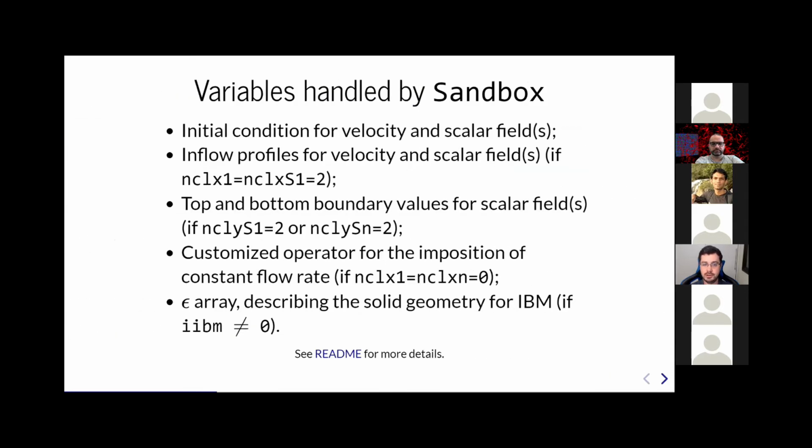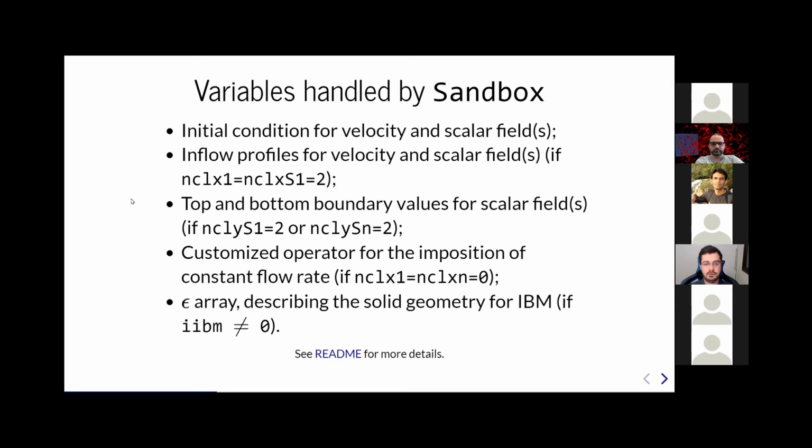Here we see what we can do with Sandbox now. We should always specify the initial condition for velocity and scalar fields, but the other arrays are just demanded in specific situations. We can specify the inflow profiles for velocity and scalar if we use Dirichlet boundary condition where x is equal to 0.